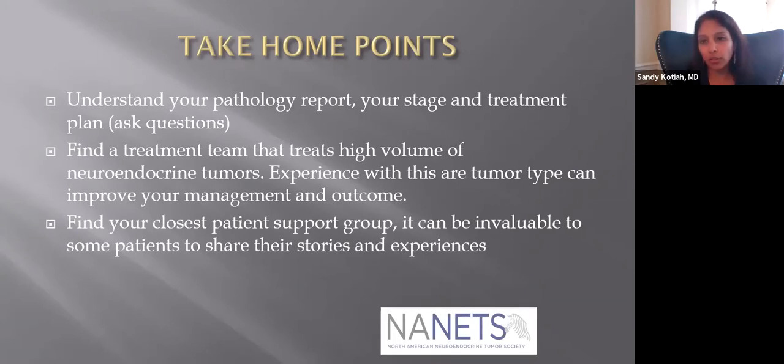Certainly a lot of us have collaborated with oncologists who are closer to you, location-wise, and we're further away, but we try to work together as a team to help impact your outcome and your management, because having a multidisciplinary neuroendocrine team can improve your survival.